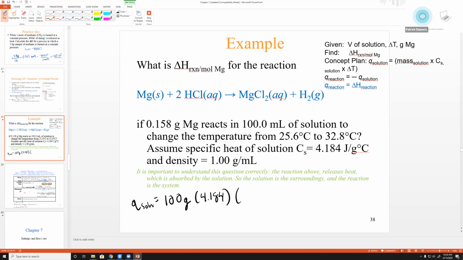That's 7.2. You multiply those together and you get 3,012 joules, or 3.012 kilojoules.